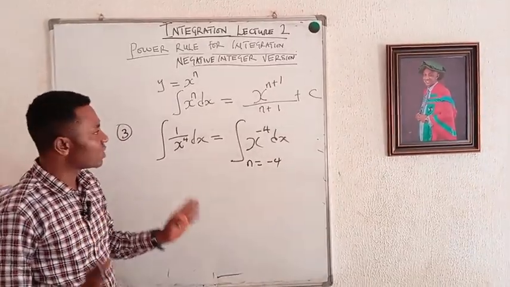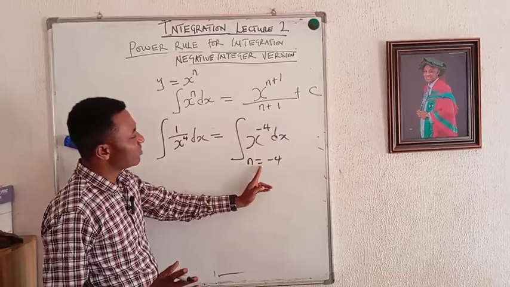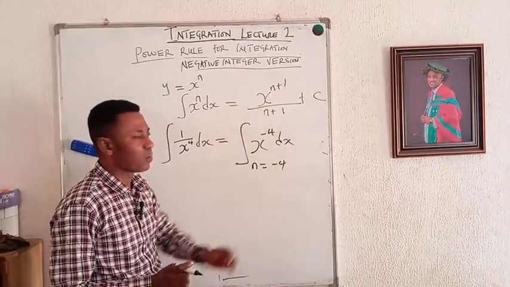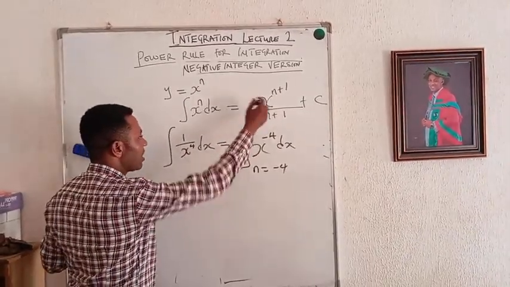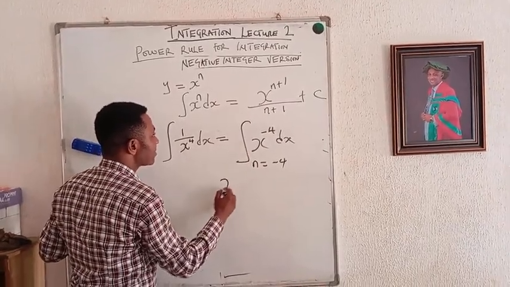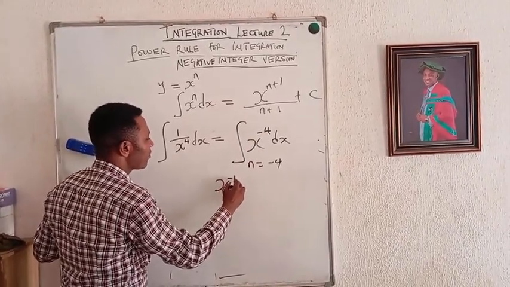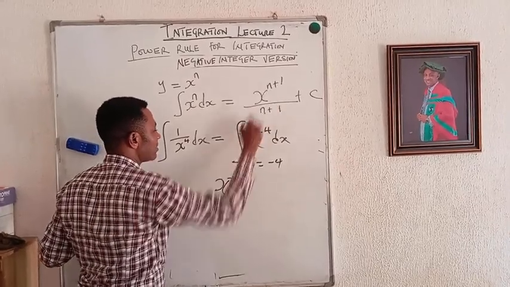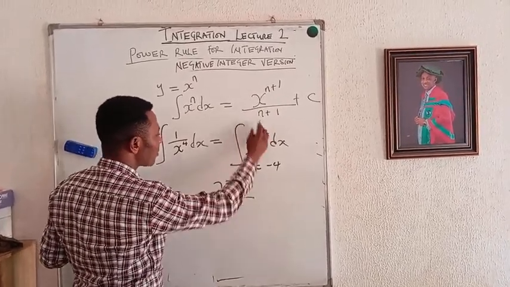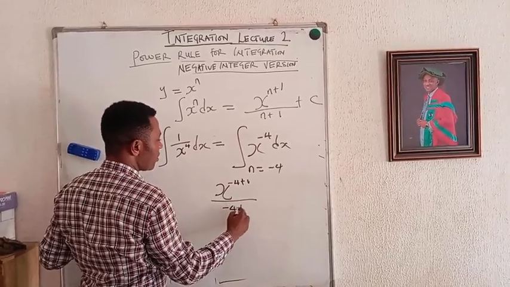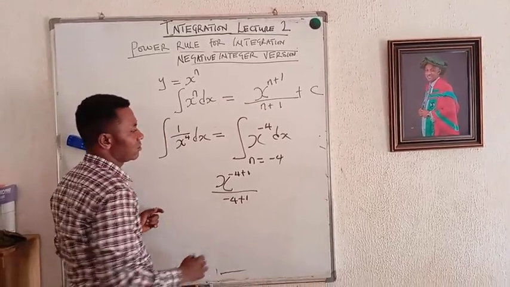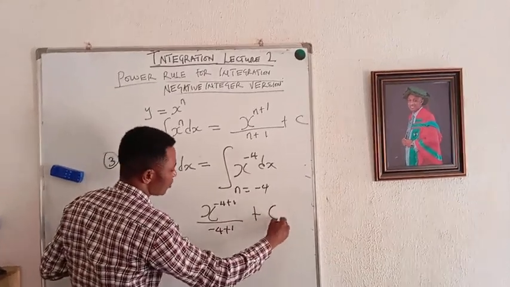So all we need to do now is to substitute n equals minus 4 into this formula. We have x power minus 4 plus 1 all over minus 4 plus 1, then plus c.